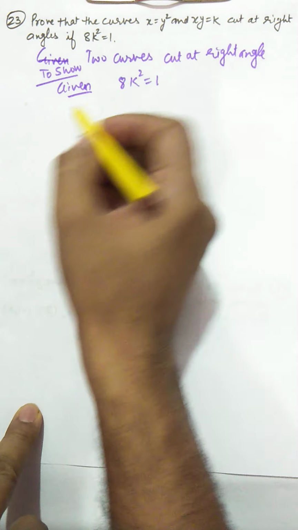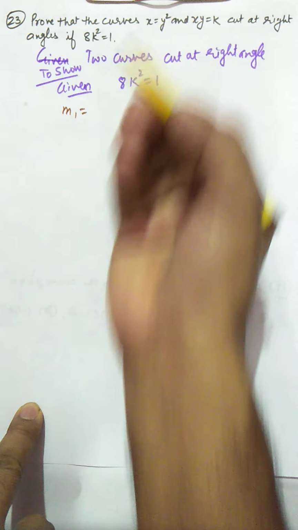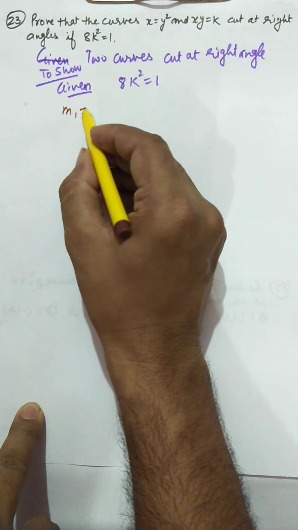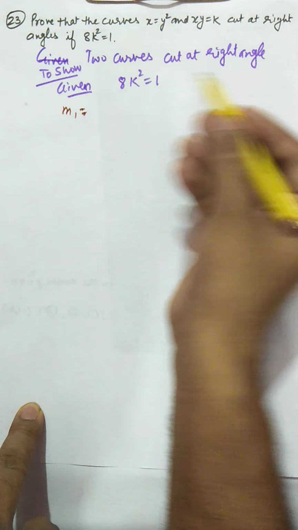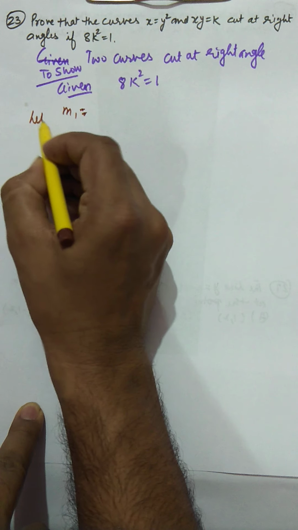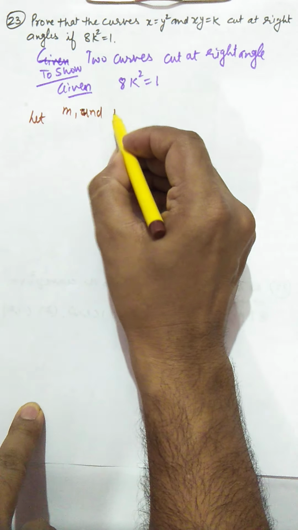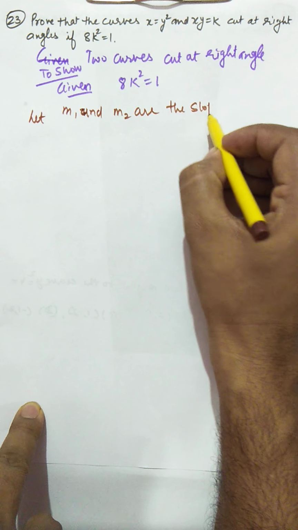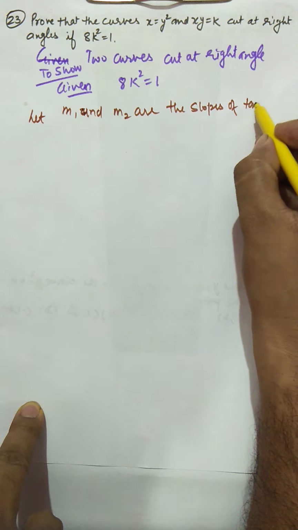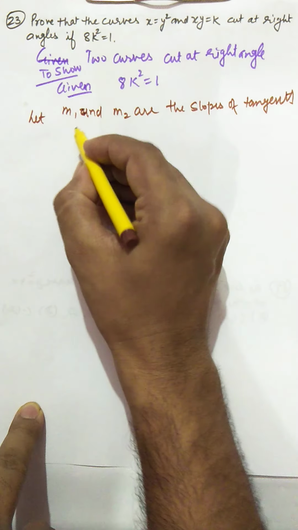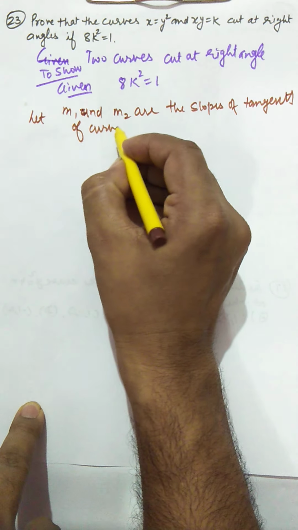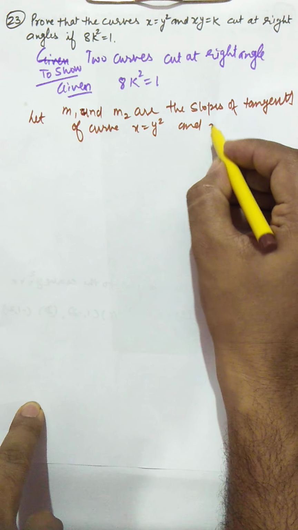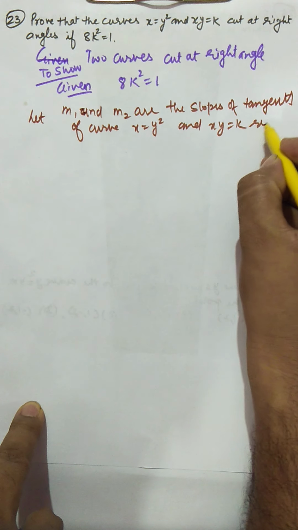We'll find the slope. Let m1 and m2 be the slopes of tangents of curve x equal to y square and xy equal to k respectively.